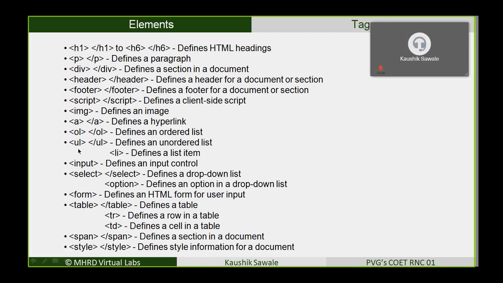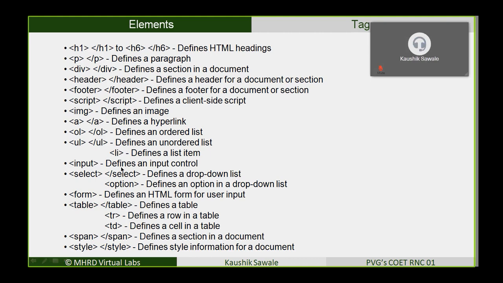And the UL tag is an unordered list, like a bulleted list, you can say. The LI tag defines a list item, like you start with UL or OL, and then you continue adding items in the list using the LI tag.